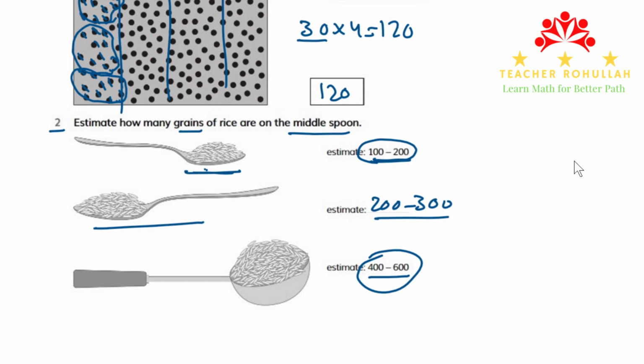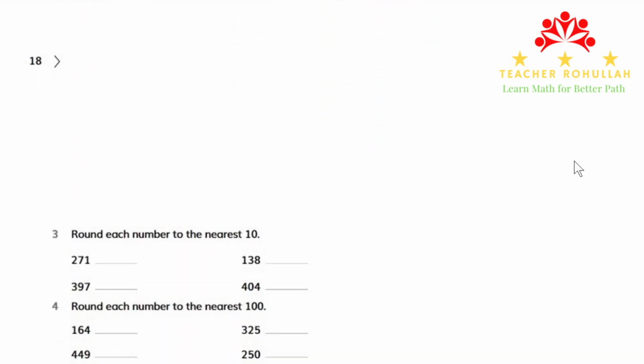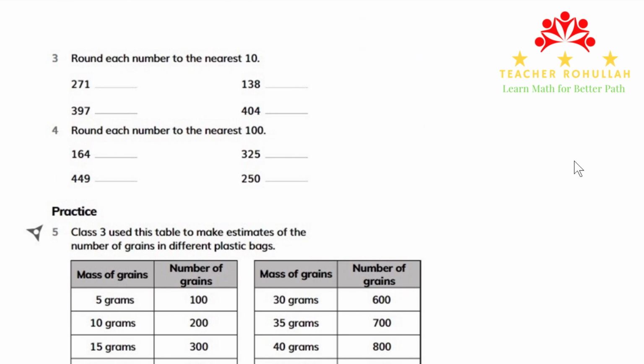So we are done estimating the first 2 questions. Let's scroll down to move to question number 3. In question number 3, it says, round each number to the nearest 10. So we all know that when we round to the nearest 10, we underline the digit in the tens place and compare the digit in the ones place with 5 or more or 4 or less.